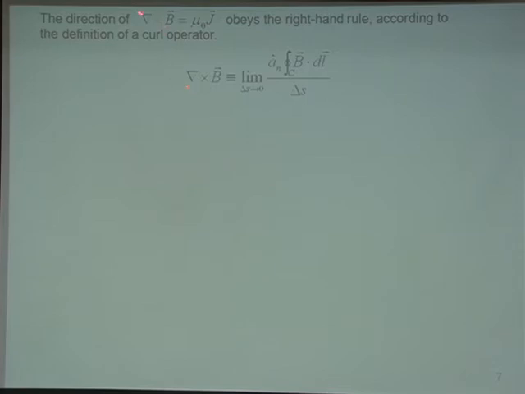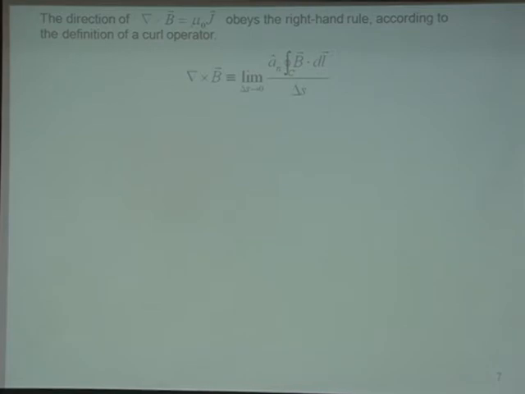While the curl operator gives you a very strict definition for the direction, because curl is a calculation for the circulation of the field. Okay, and it follows the right-hand rule.